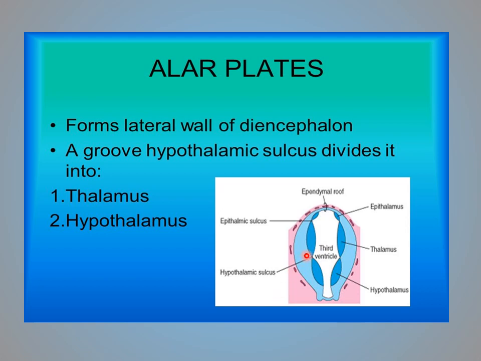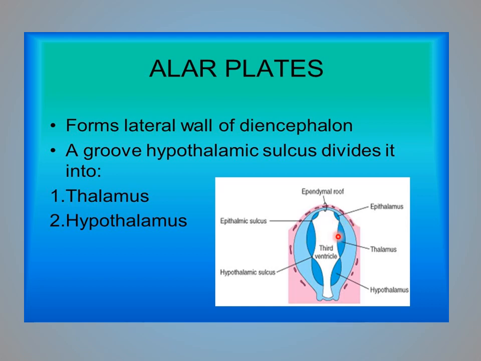Later on, the lateral wall of the diencephalon gives rise to three swellings from the alar plate, that is the epithalamus, the thalamus, and the hypothalamus. The epithalamus and the thalamus are separated by a sulcus which is called the epithalamic sulcus.